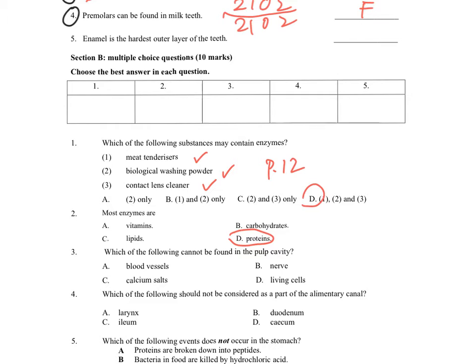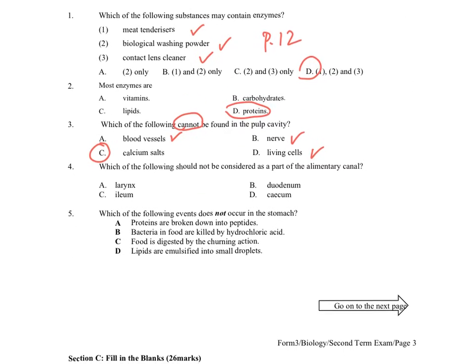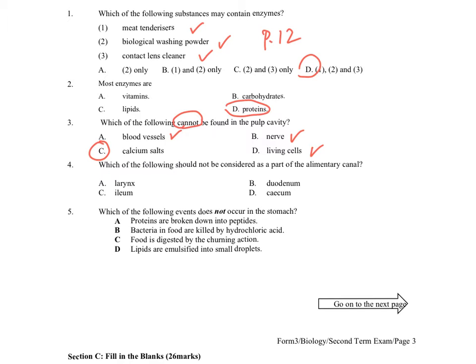Which of the following cannot be found in the pulp cavity? Nerve, living cells, and blood vessel can be found in the pulp cavity, so C is the answer. Go to question 4. Which of the following should not be considered as part of the alimentary canal?